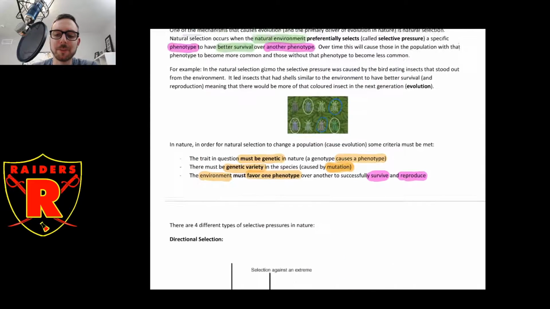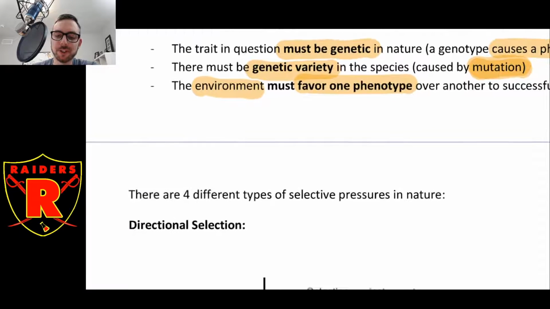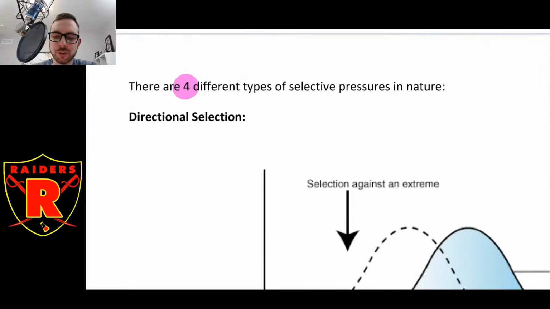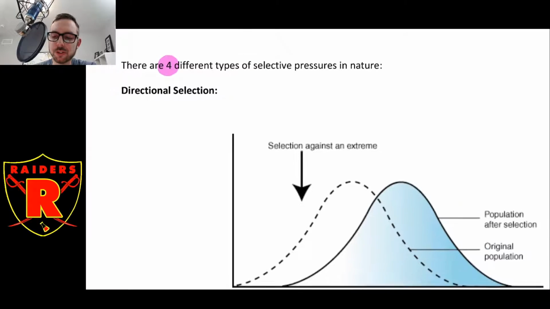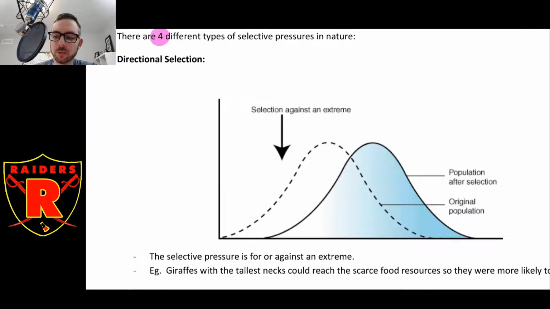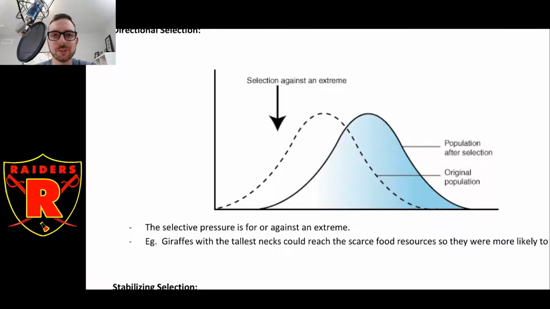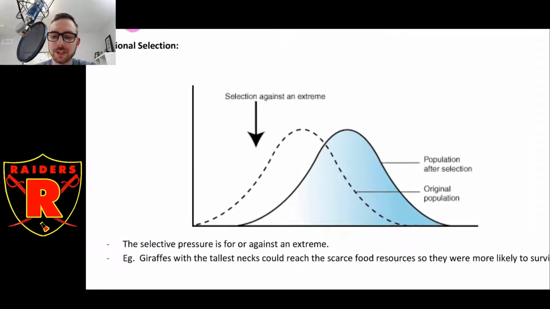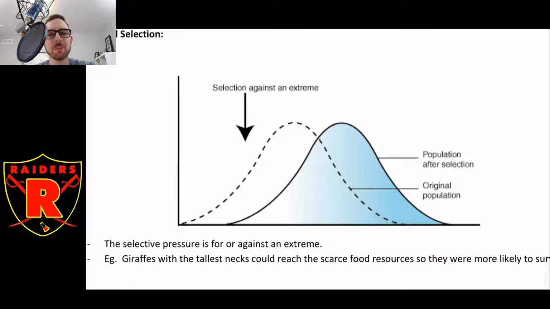So, as I mentioned previously, there are 4 different types of selection. The first type is directional selection. So directional selection is when you have a range of traits caused by genes, so a range of alleles in a population, and one of the extremes is preferred over the other extreme.